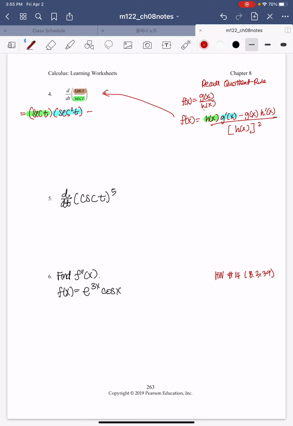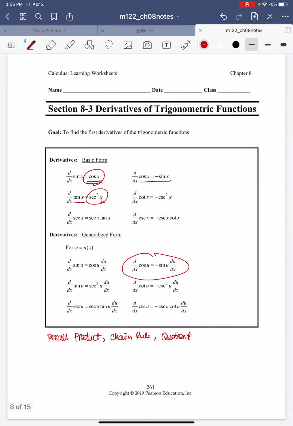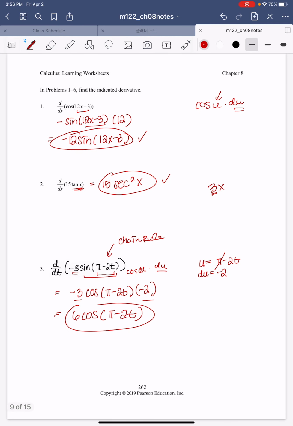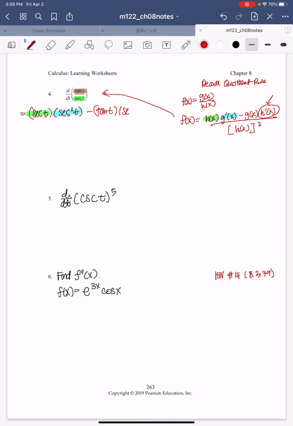Minus g of x, which is tangent t, times the derivative h prime of x. What is the derivative of secant t? Go back to our list. The derivative of secant is secant tangent, so this part is secant t tangent t.